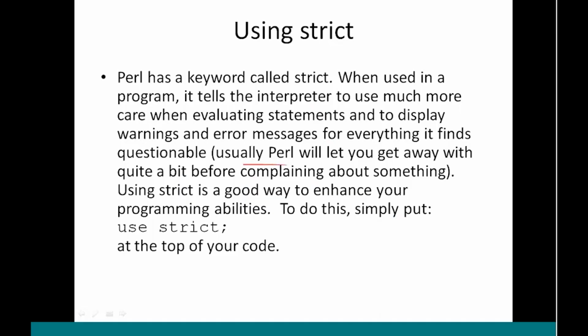One thing to note is that Perl will usually let you get away with quite a bit before complaining about something. Using strict is a good way to enhance your programming abilities. To use it, just put use strict at the top of the code.